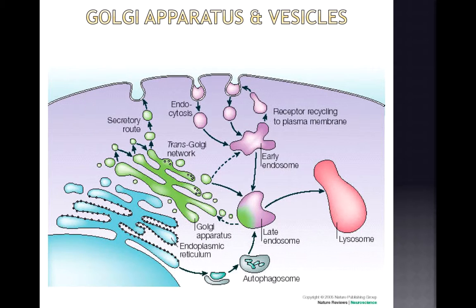So that is what the function of the endoplasmic reticulum, the Golgi apparatus, the vesicles, and the lysosomes are. And so here we see not only how the proteins are made, but also how they are unmade and recycled.